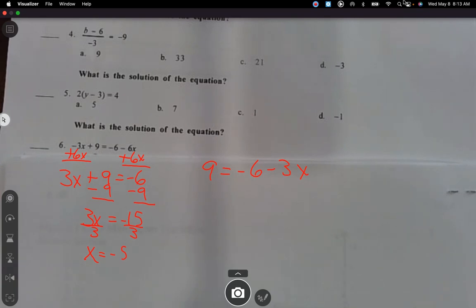Do I need to work out the other side if you did it the other way, or is everybody good with this? We're good? Okay.